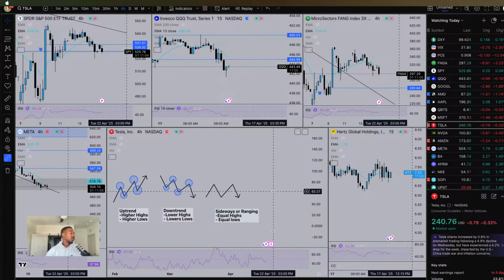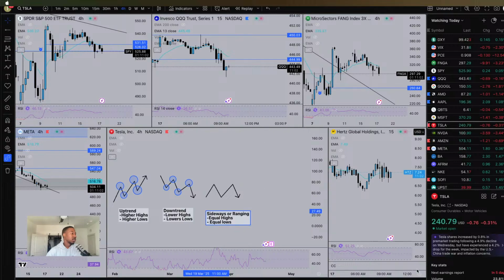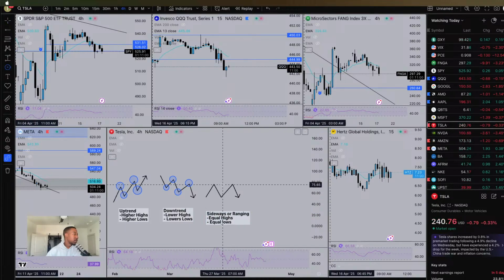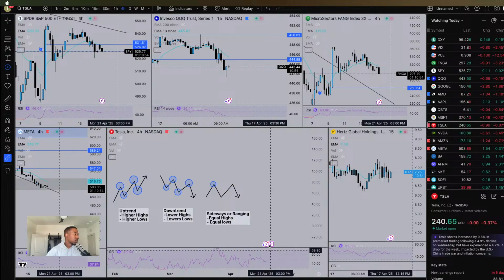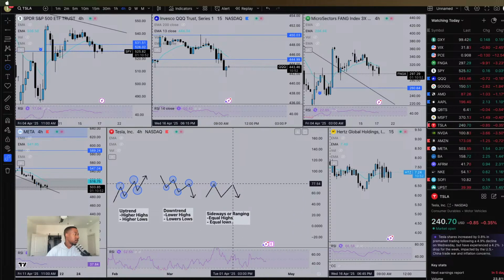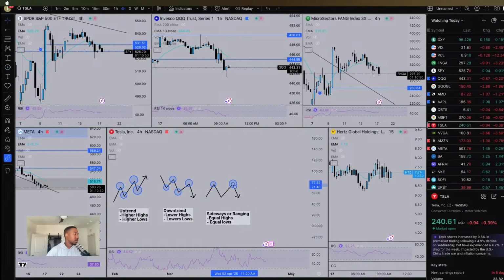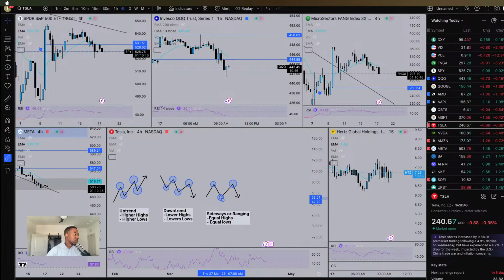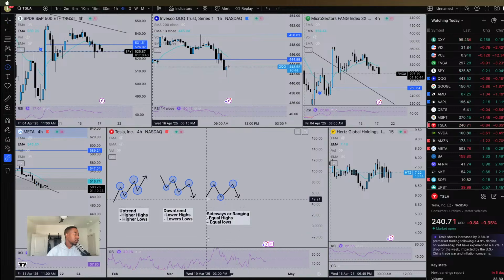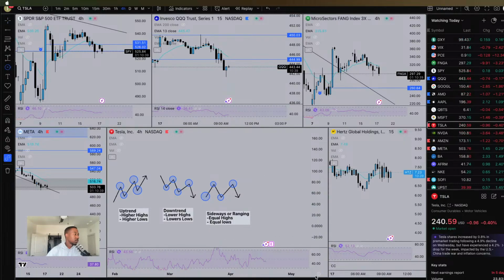So whenever we're looking at the market, once again, be aware of our swing points. This is where you're going to find your support and resistance levels, at these swing points.